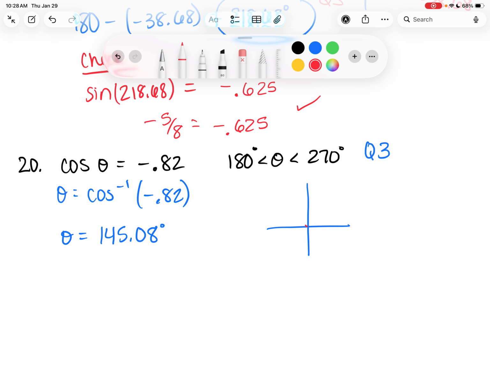Any idea what I need to do to figure out where that falls down here? Add 90. I think it'll work. Did I type that in right? That should be 235.